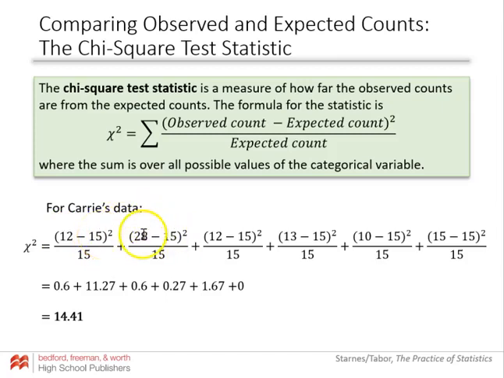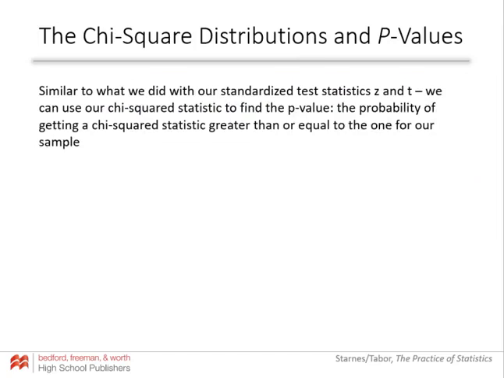The number 2 actually came up 28 times. We expected 15. So we do that for each number 1, 2, 3, 4, 5, 6, and add those all together. And so the value of our chi-square statistic, tongue twister, is going to be 14.41.